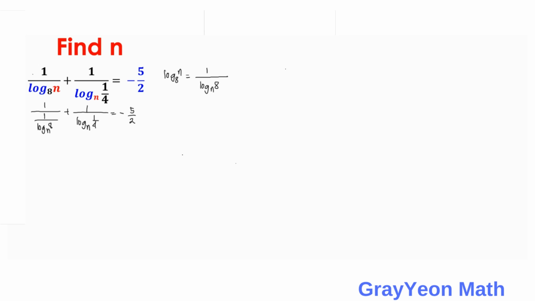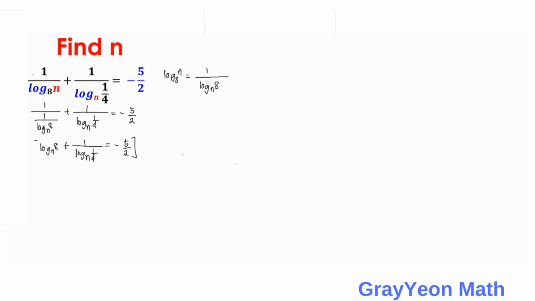So simplifying, we have the logarithm of 8 to the base n plus 1 over the logarithm of 1/4 to the base n is equal to negative 5 over 2.